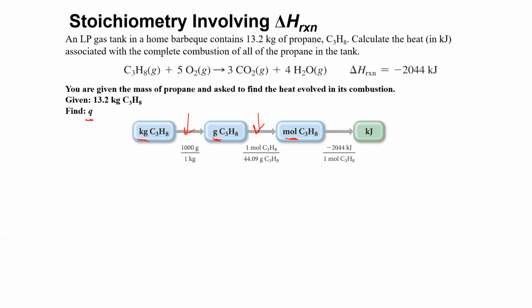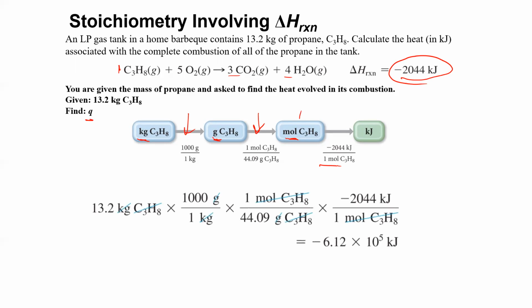But instead of converting the moles of propane to moles of, let's say, product like CO2 or water, we're actually using the mole ratio to convert it directly to the heat of the reaction. So we see that 1 mole is negative 2,044 kilojoules. Now the 13.2 kilograms is more than a mole, so we'll get more than 2,044 kilojoules.